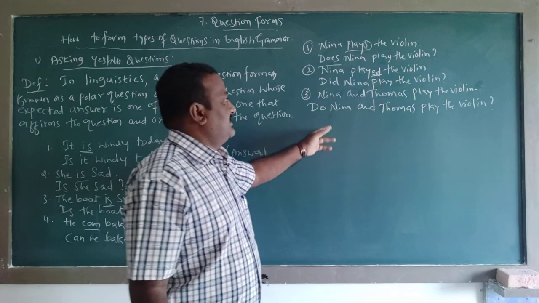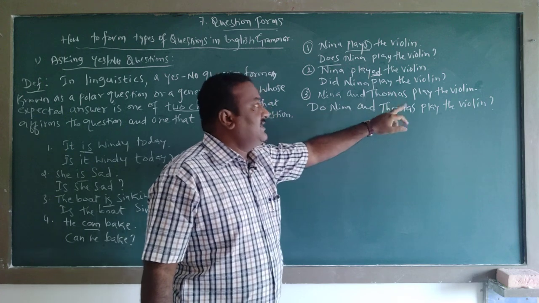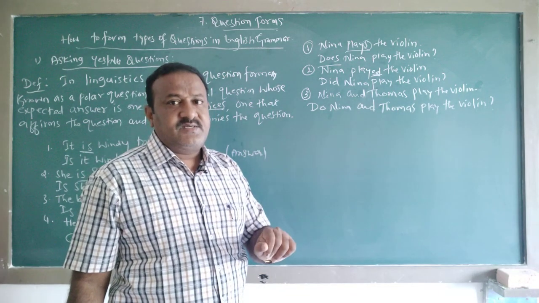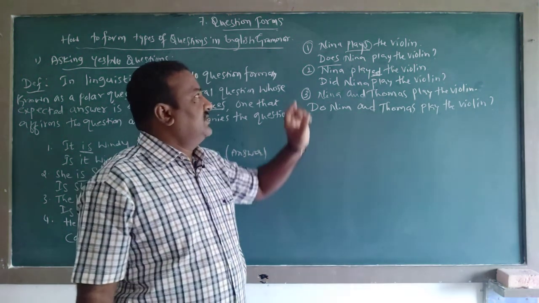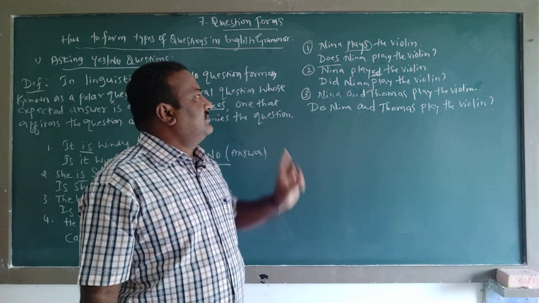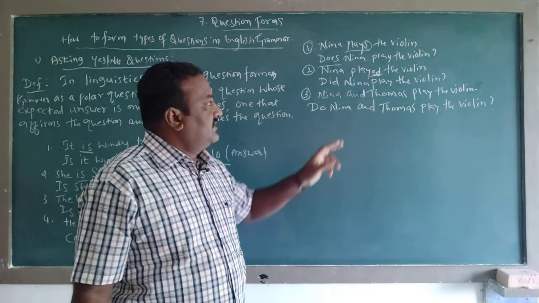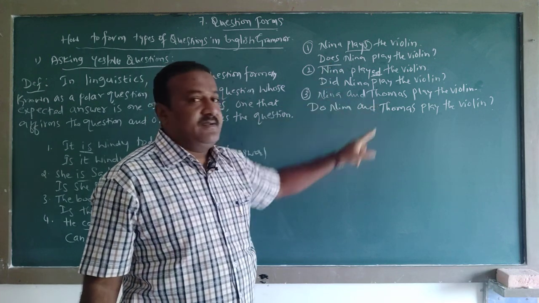You see the next one. Naina and Thomas play the violin. Here, subject and persons: there is only one person, here two persons. Then here what? Plays, played, play. Verb.